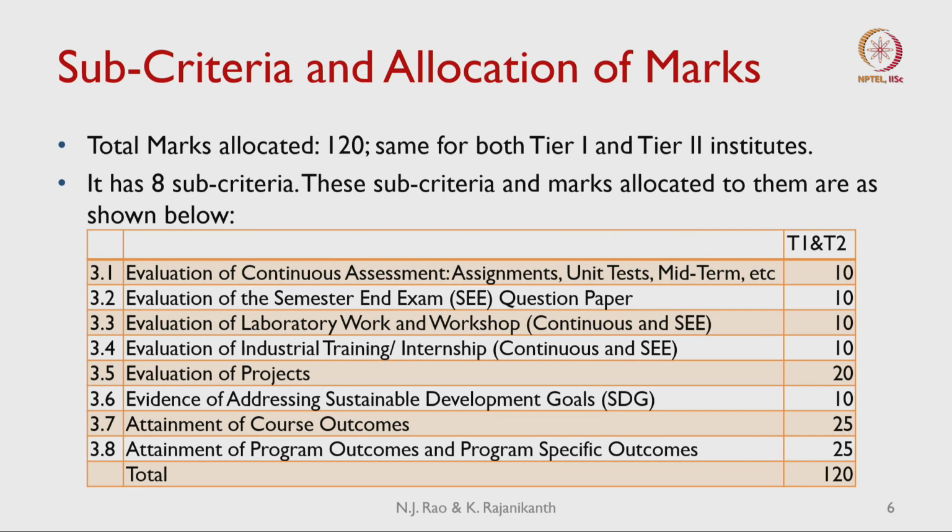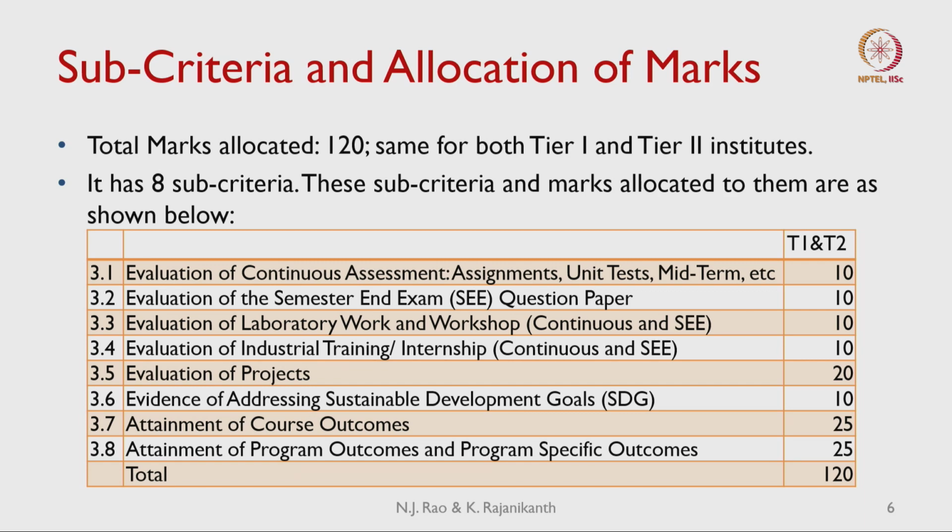The total marks allocated are 120, same for both tier 1 and tier 2 institutes. There are 8 sub criteria, and the sub criteria and the marks allocated are as shown here. We have the evaluation of continuous assessment, also called continuous internal assessment: the assignments, unit tests, midterm tests, etc. Then evaluation of semester end examinations, evaluation of the laboratory work and workshop work, evaluation of industrial training and internship, evaluation of projects, and evidence of addressing sustainable development goals.